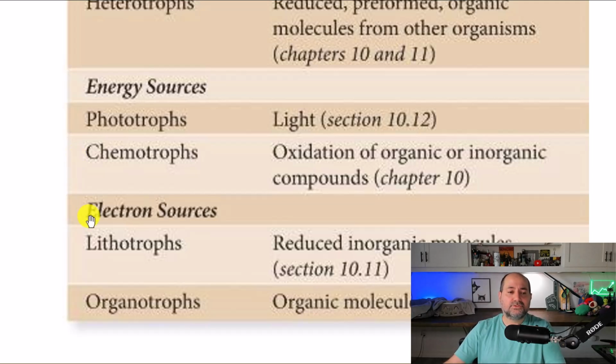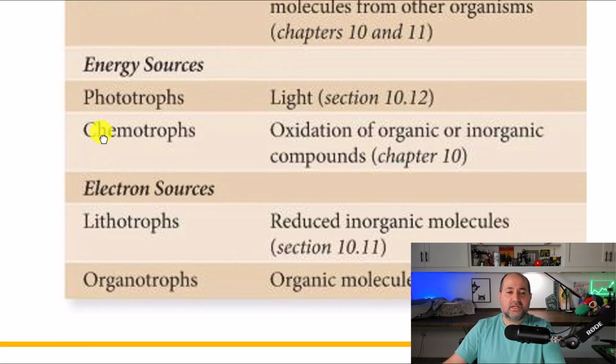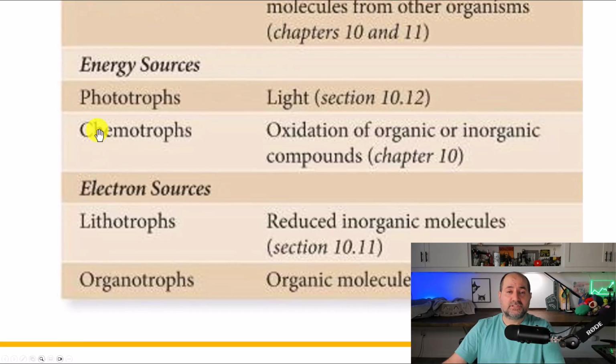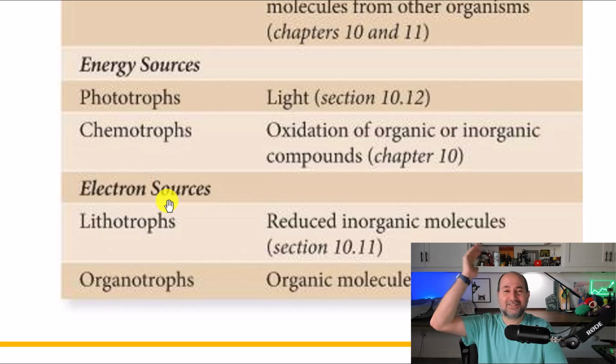Next, we also classify organisms nutritionally based on the electrons. Like, where do they get their electrons? And you might be wondering, why do organisms need a source of electrons? Well, do you remember the electron transport chain? You ever heard of that thing? We're going to cover it later this semester.